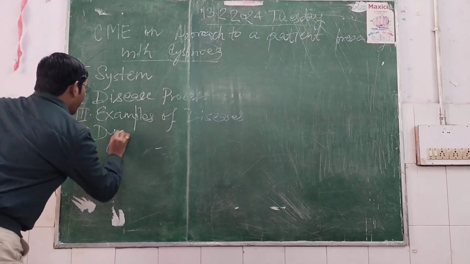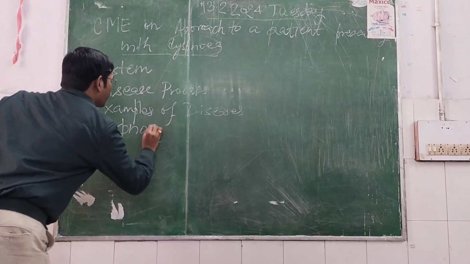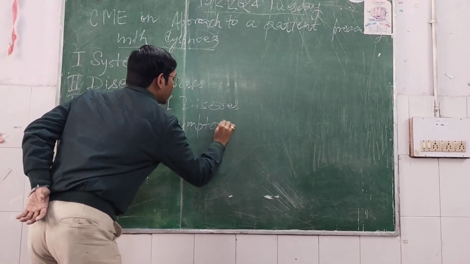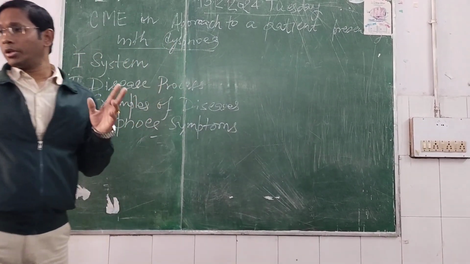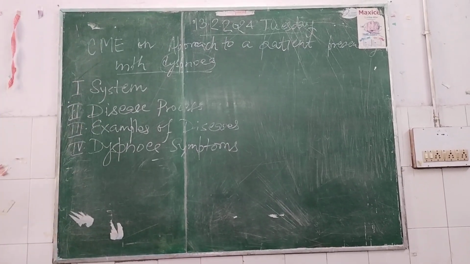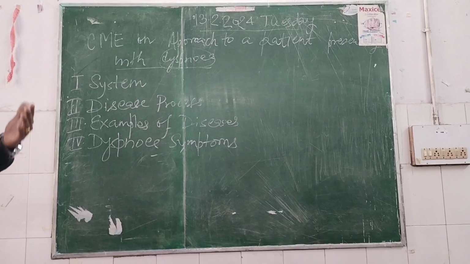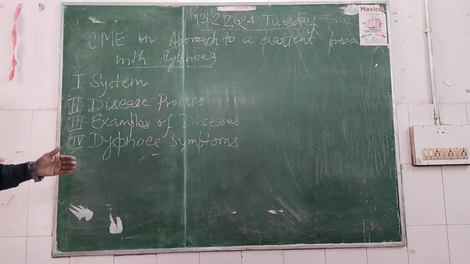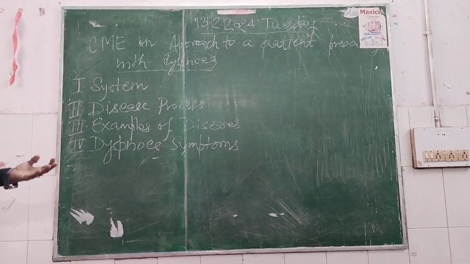Then dyspnea symptoms. I have already told you that it is a subjective experience of the patient. So the same thing, dyspnea, will be described differently in different diseases, and also according to the patient's subjective experience.